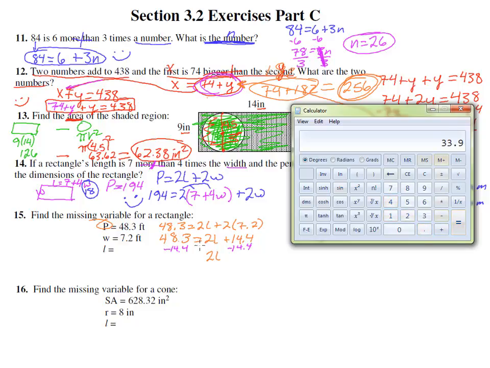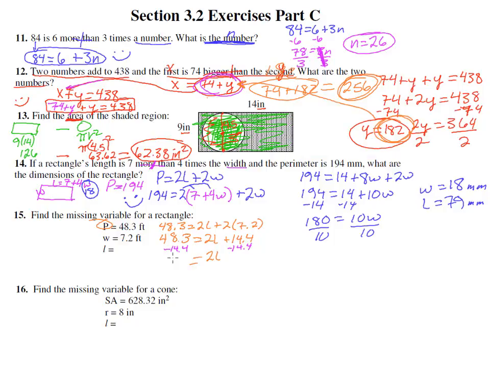What does that equal? 33.9. So 2L equals 33.9. How do we get L by itself? We divide by 2. Divide by 2, divide by 2.